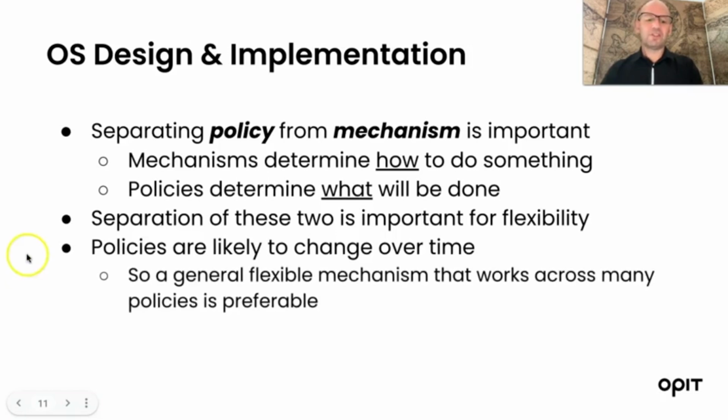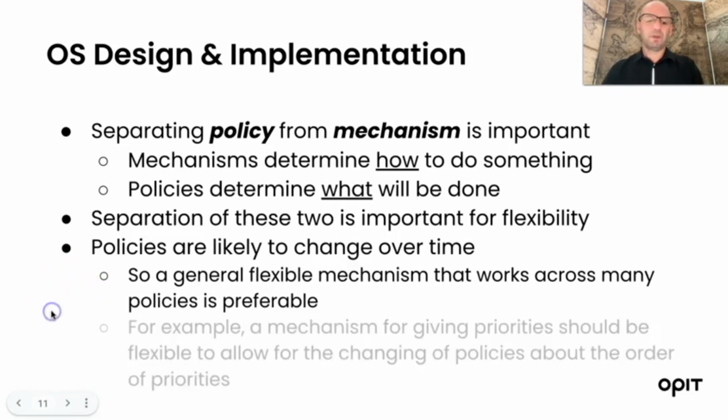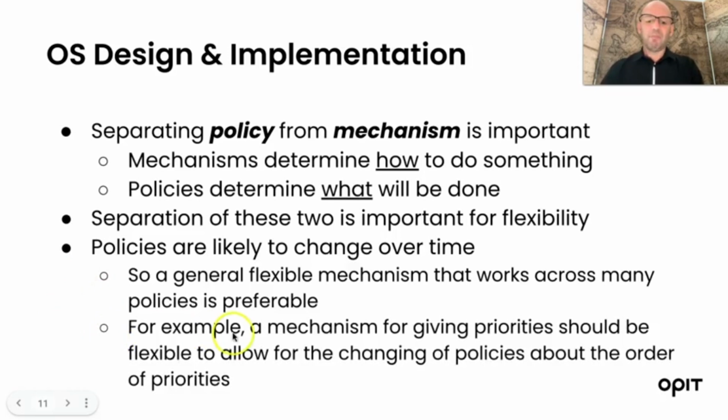So a general flexible mechanism that works across many policies is preferable. As an example, a mechanism for giving priorities should be flexible to allow for the changing of policies about the order of priorities. So that's something you need to keep in mind.